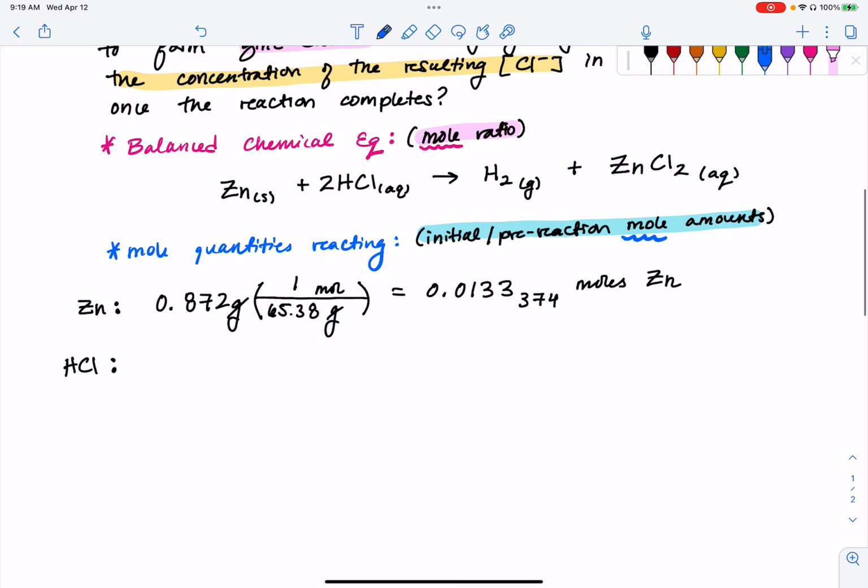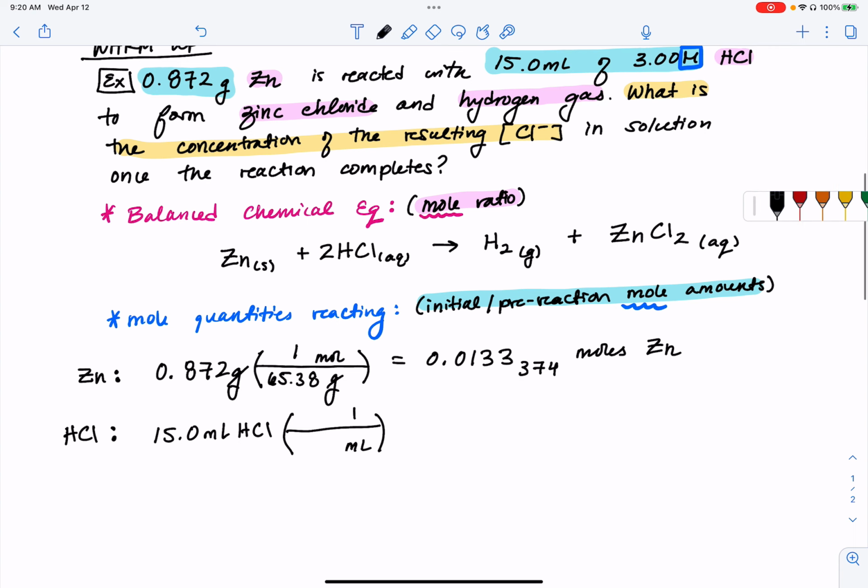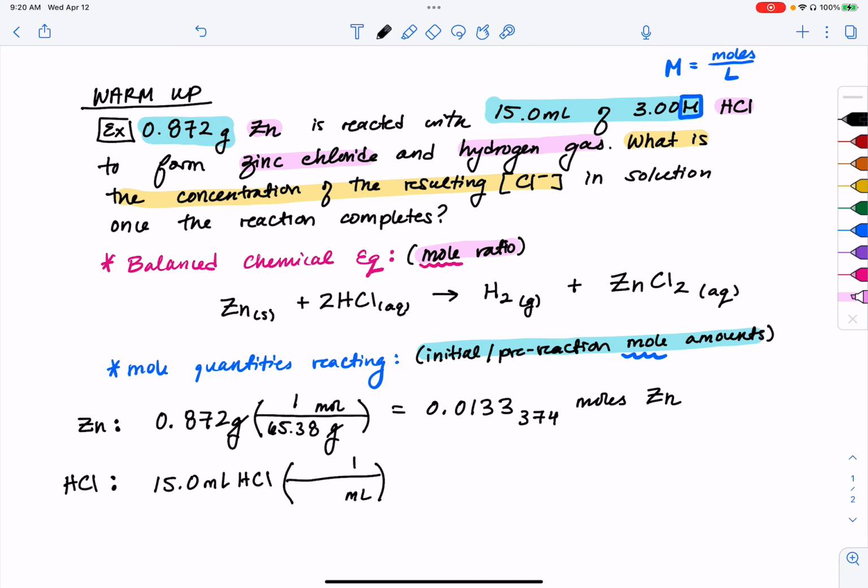Which means I've got to take my volume of HCl, which was my 15 milliliters, and first convert that into liters, because my proportion that relates moles and volume is in moles per liter. That is what molarity is by definition.